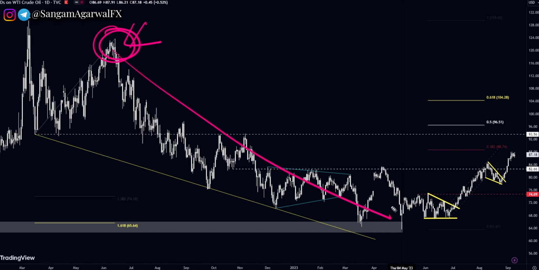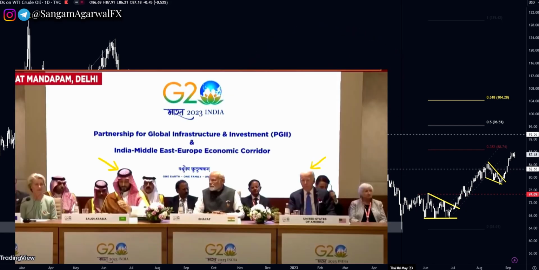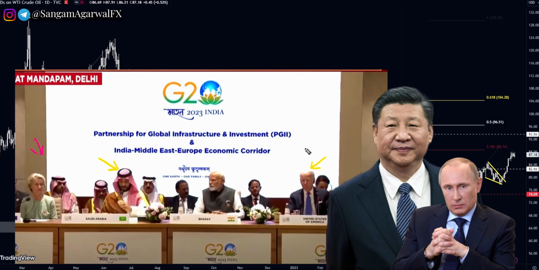But times have changed. I explained this many times in the past and I am saying it again: oil price is controlled by BRICS. There are two more persons who are not part of this G20 meeting, Russia and China, but these three together, Saudi, Russia and China, control oil price.